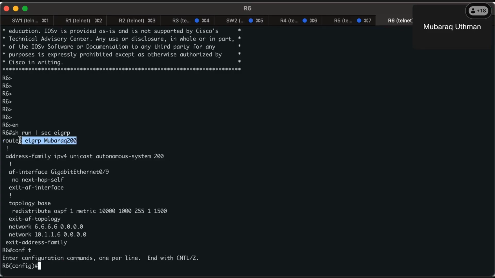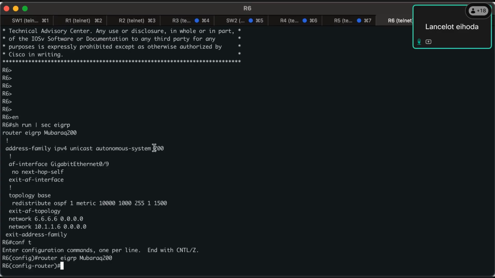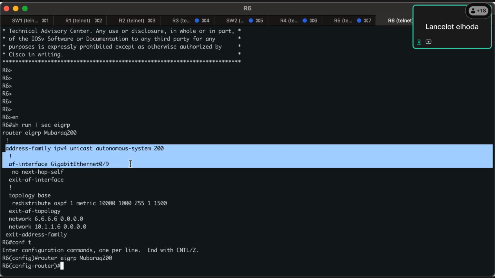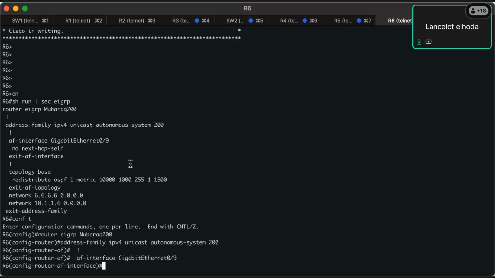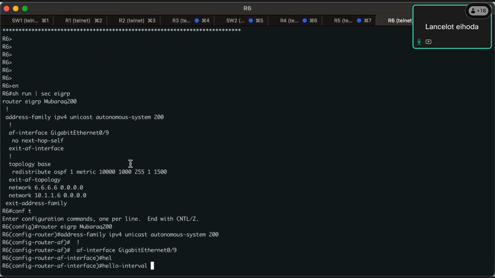I came late, that's why. That's why they named something after you. So why should we bother ourselves when we can just copy this? Is it not what we need to do? Yes, actually. During the interface, hello interval.